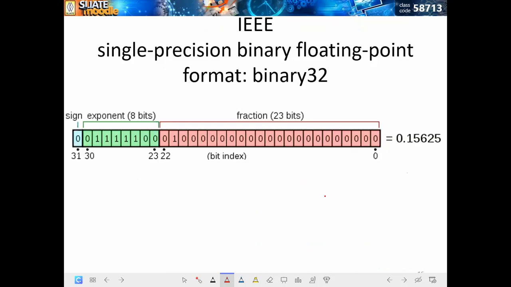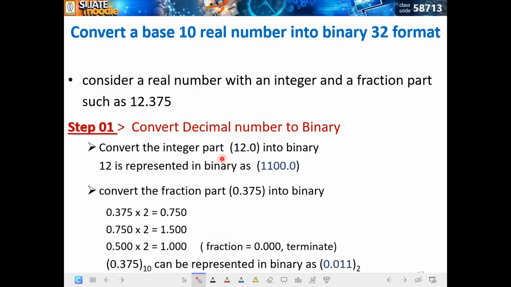This is an example of single precision binary floating point format, right? Now you are going to learn how to represent a given number in this format. There are several steps. For example, here we convert a base 10 real number into binary 32 format.